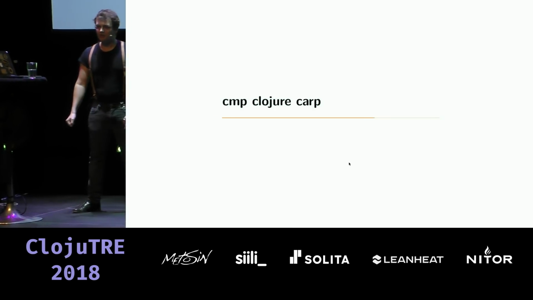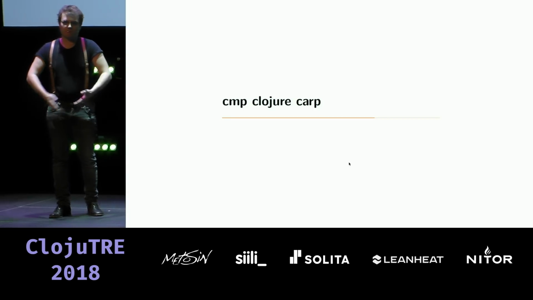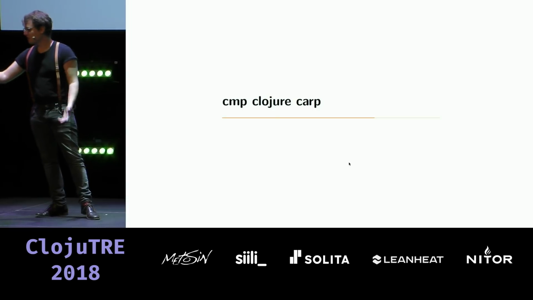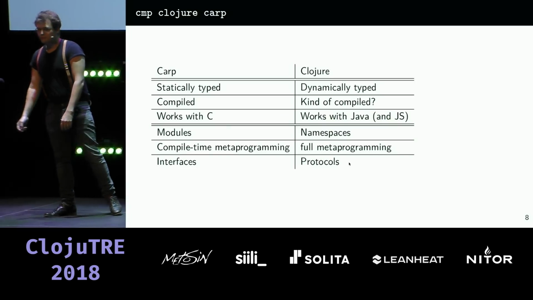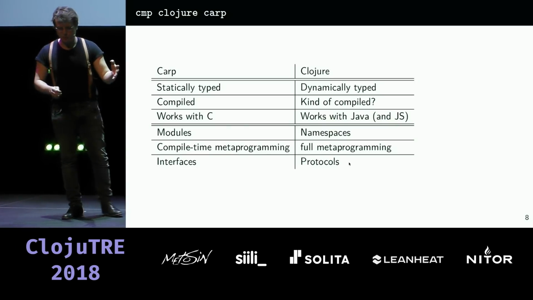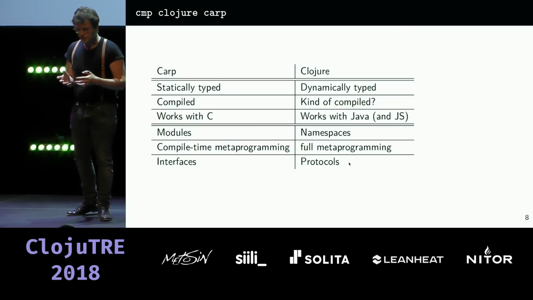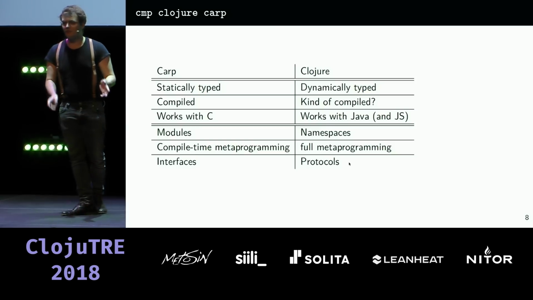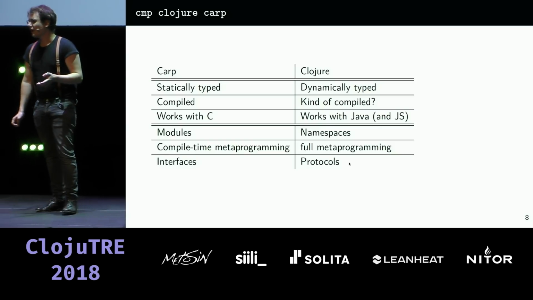But we're at a Clojure conference, and so we need to look at Carp and Clojure and compare the two. So I'm not going to say that Carp or Clojure are better or worse, because they're just different. They look the same, but they don't feel the same to develop at all.